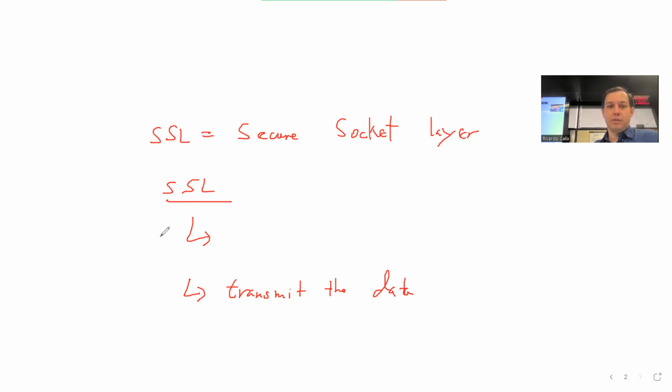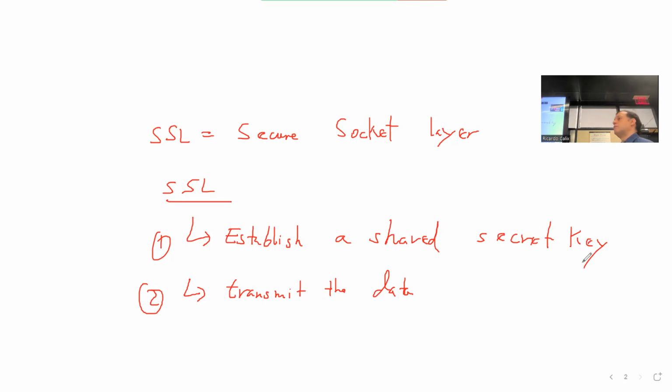So let's say 1 and 2. These are the two main parts, and this one is to establish a shared secret key.